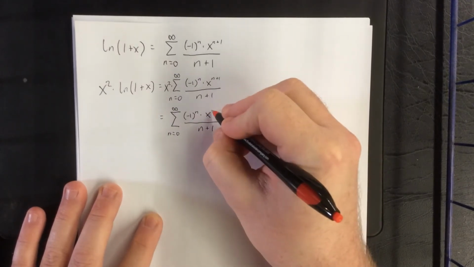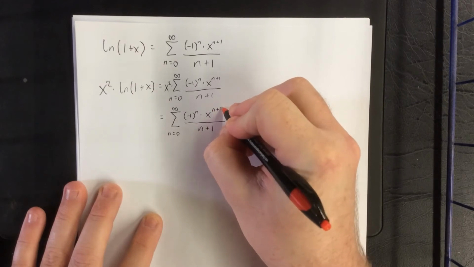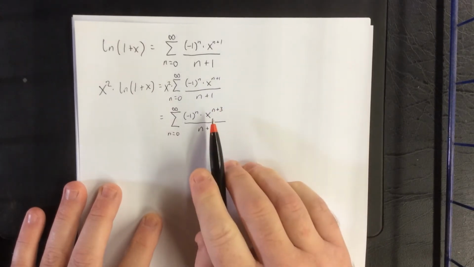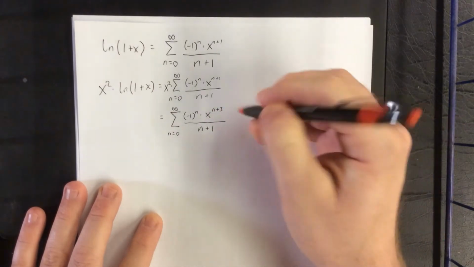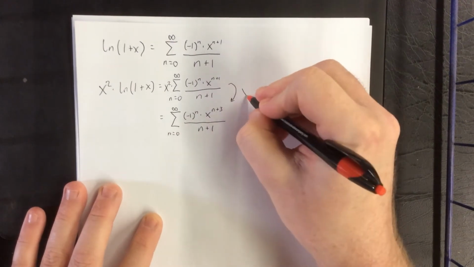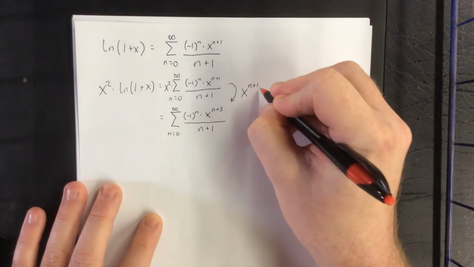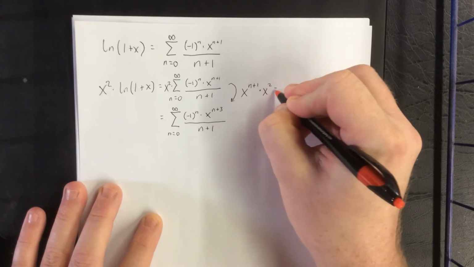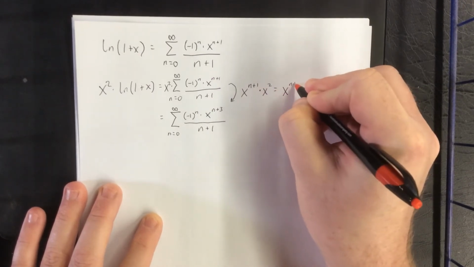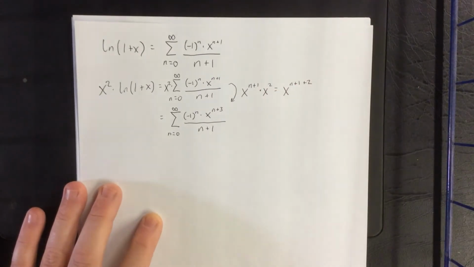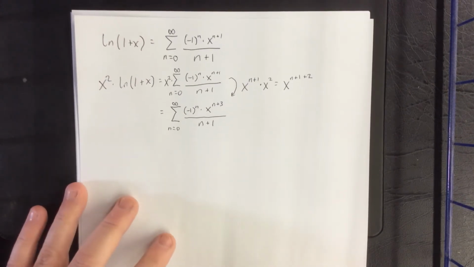If I were to multiply that by x squared, I can add together the exponents. We'll call that n plus 1 plus 2, which will be n plus 3. So x raised to the n plus 1 times x squared gives us x raised to the n plus 1 plus 2 power, which then got simplified. We are now ready to integrate this thing.